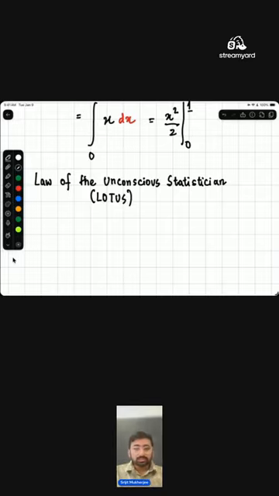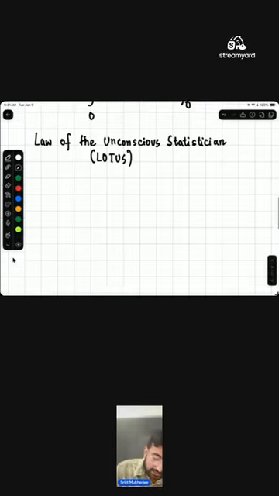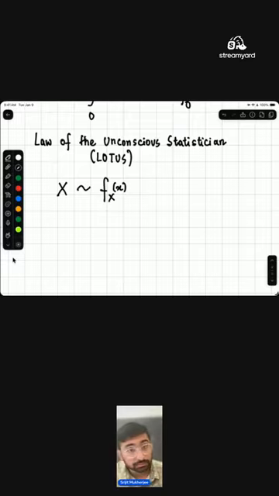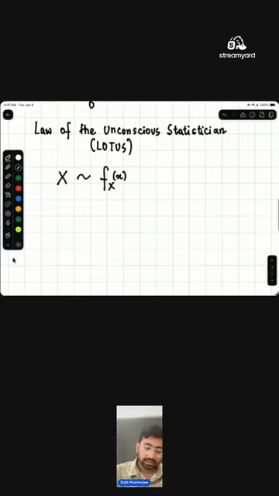In this law, if X has a density, let's say X follows this PDF f(x), it also happens for the discrete random variables, but I'm just talking about PDF right now. Let's say you take a function g(x). g(X) is a function of the random variable capital X.